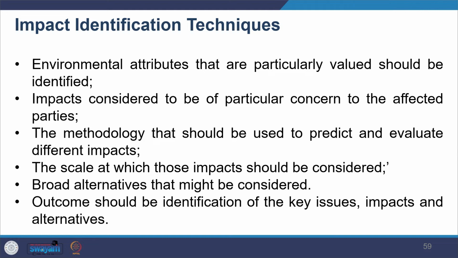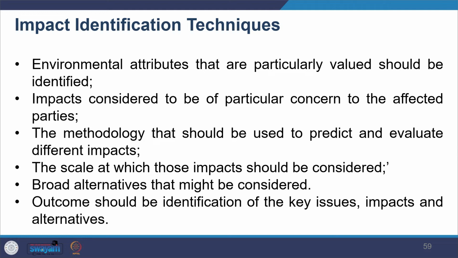And then the outcome of the scoping should help you to identify key issues which have to be covered, and then also identify impacts, and then also impacts of the alternatives. And then you should be able to have explanation of why other issues are not considered significantly. So why you have taken certain sets of issues and why you have not taken other sets of issues.